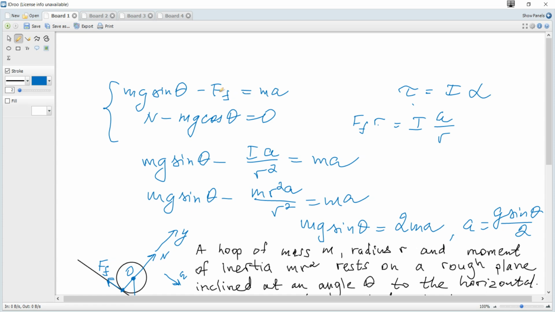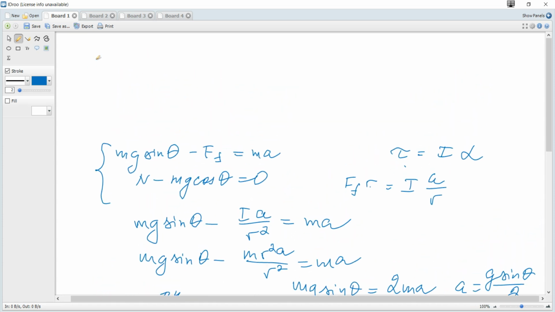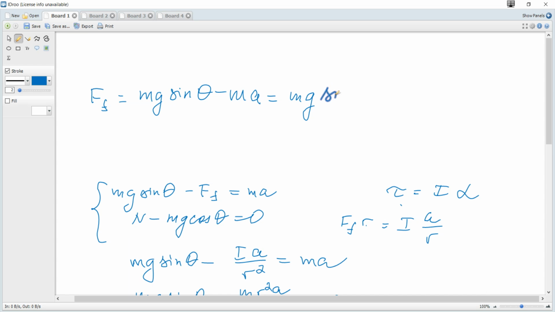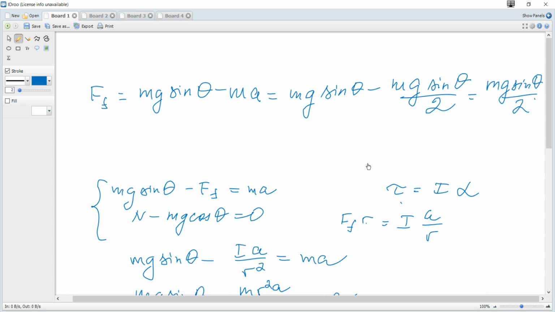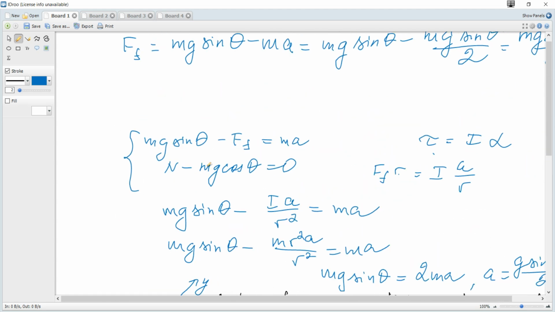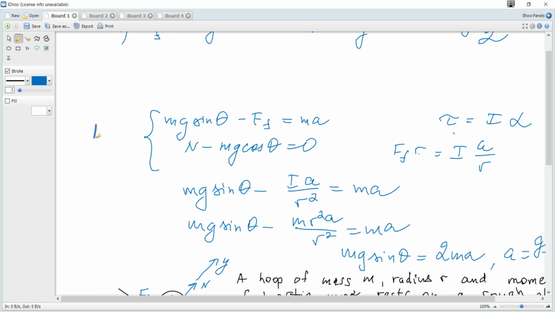From the x equation, F frictional is mg sine theta minus ma, and substituting the obtained expression for a, we get mg sine theta minus mg sine theta over 2, and you can see that it becomes just mg sine of theta over 2. So it's D.